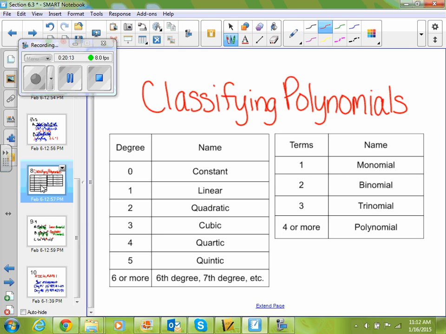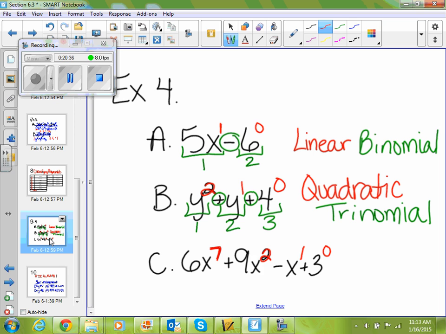If I go back to my table and go all the way down to where it says 6 or more, those are classified based on just the number of degree. So 6 would be 6th degree, and 7 would be a 7th degree. So we call this 7th degree.